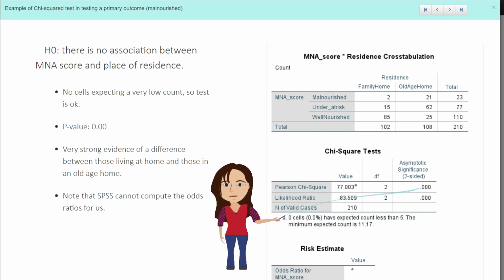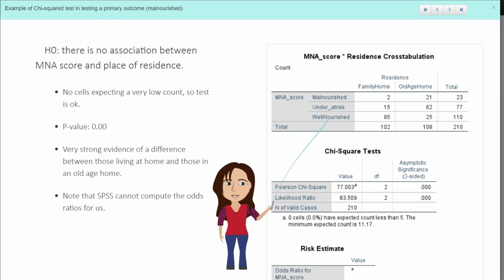So we've got very strong evidence that there is a difference in the proportion of those who are malnourished, at risk of malnourishment, and well-nourished between those who are living in the family home and those who are living in the old age home. And if you were looking down here, you would notice that it cannot compute the odds ratios for us because we've got these 3 levels instead of just the 2.